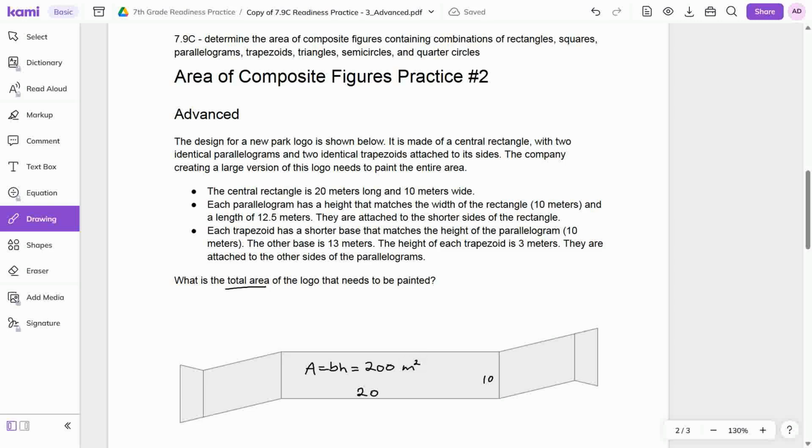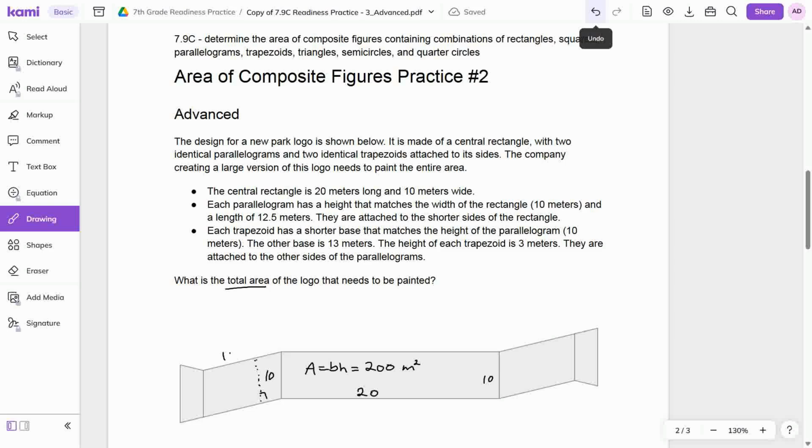Each parallelogram is identical. So we've got 10 meters for our height, and we can put that there, perpendicular to the base. And we've got a length of 12.5.